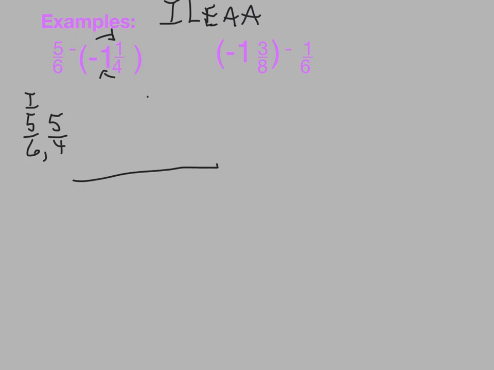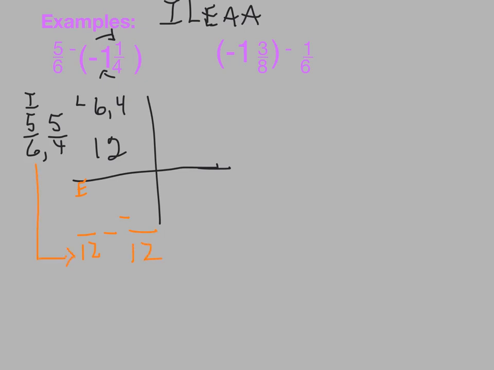Let's set up my chart. The least common multiple, that's my L, of 6 and 4 is 12. I'm going to bring that right down for my E, equivalent fractions. I'm going to have some number over 12 minus some negative number also over 12.